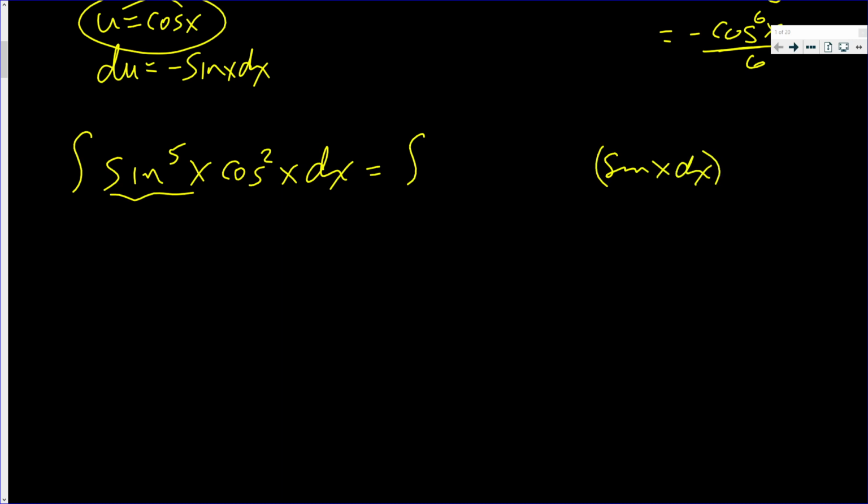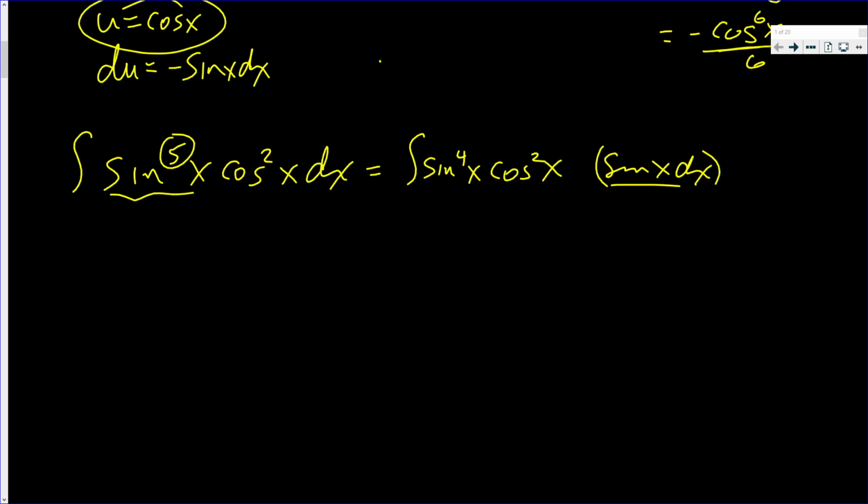When you multiply it by the dx, you want that to be du. Again, if you need negative sine x dx, you can get that constant. So since I broke off 1 from the 5, I still have 4 remaining, and I have the cosine squared x.